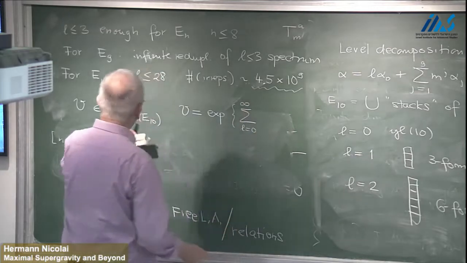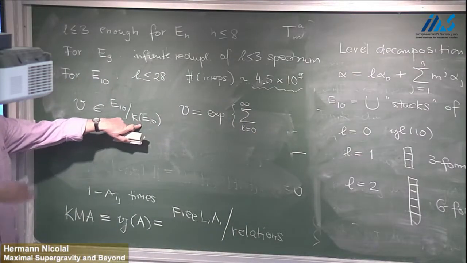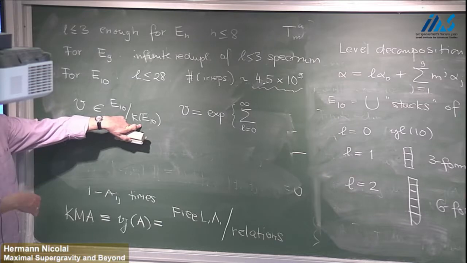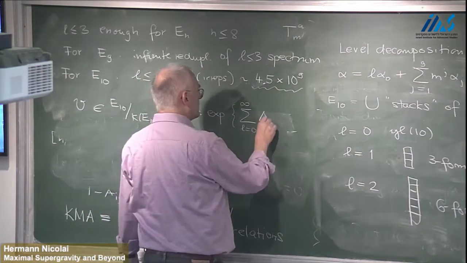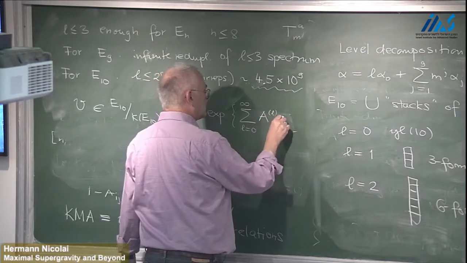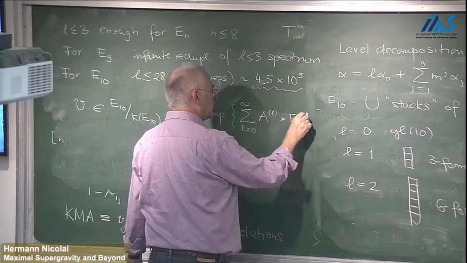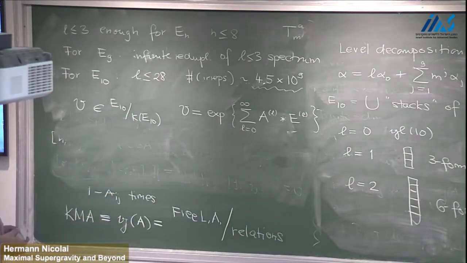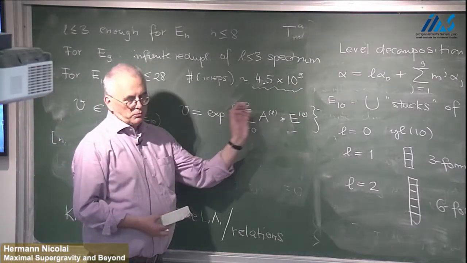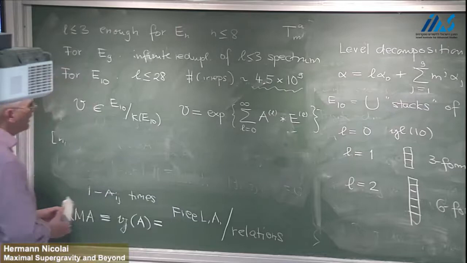Here use the triangular decomposition in order to get rid of the negative levels. And then you have some set of fields times some set of generators, one for each level. So by the time this L reaches 28, you already have quite a lot of things to deal with. But anyway, we make such a formal ansatz.